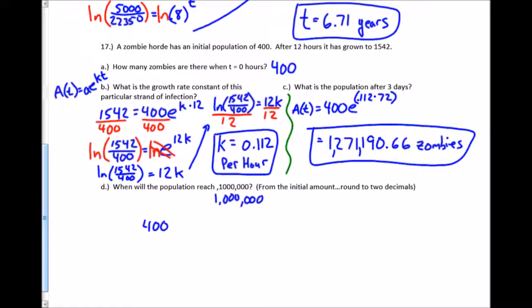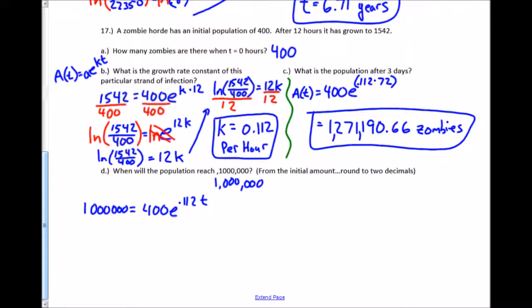So what I want to do here, I've still got the 400 as the initial amount, e to the 0.112. I'm looking for time this time, and I want to know when this thing is going to equal the 1 million. So I'm going to solve. I'm going to divide each side by that 400. And this time I'm actually going to plug this into my calculator just because I know that's going to divide pretty nicely.